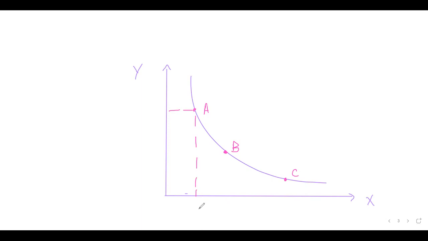So let's say on bundle A, you are consuming 10 units of good X and 15 units of good Y. On bundle B, you are consuming 12 units of X and 7 units of Y. And on bundle C, you are consuming 17 units of X and 5 units of Y. Even though the three bundles show different quantities of the two products, these are equally preferred, which means you are indifferent between these three bundles. Is this making sense?